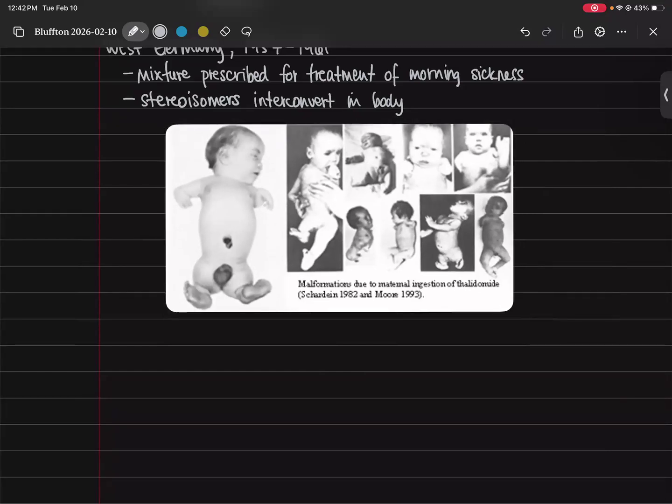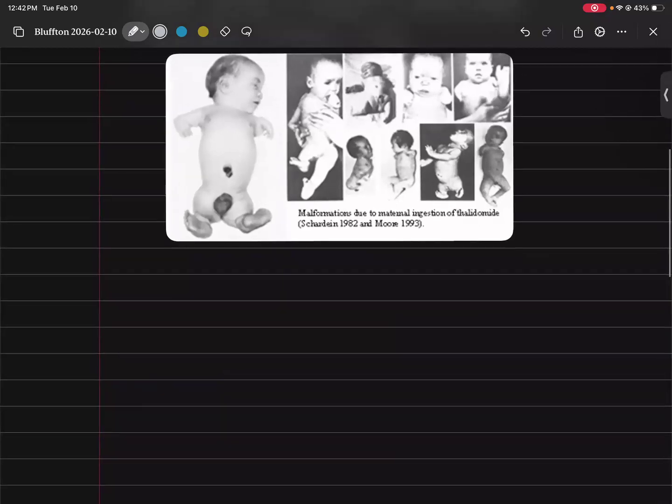Okay. So the culprit here is the chirality of the thalidomide molecule. So an object, and notice I say an object and not a chemical because this applies to any object. Of course, we'll talk about it in terms of molecules.